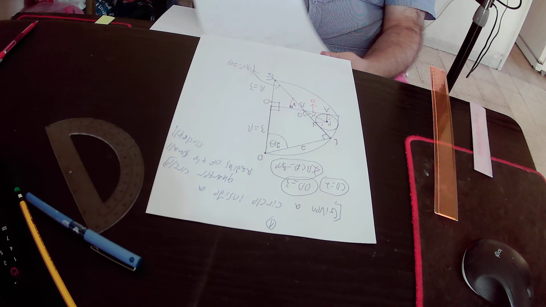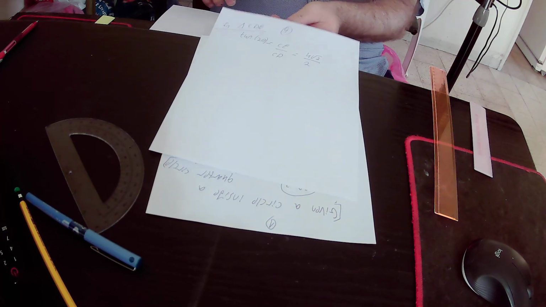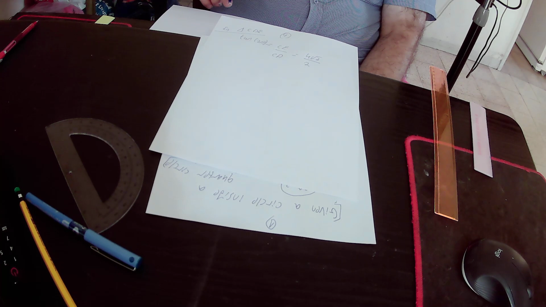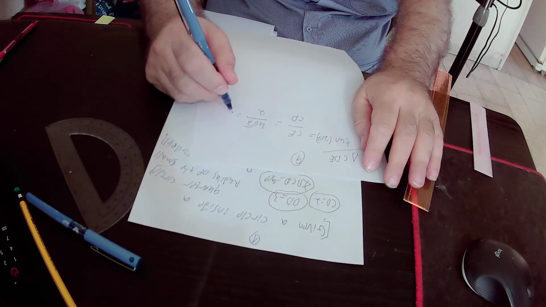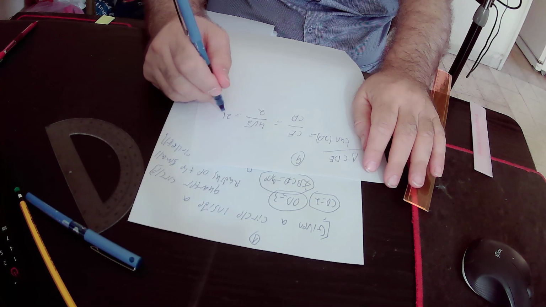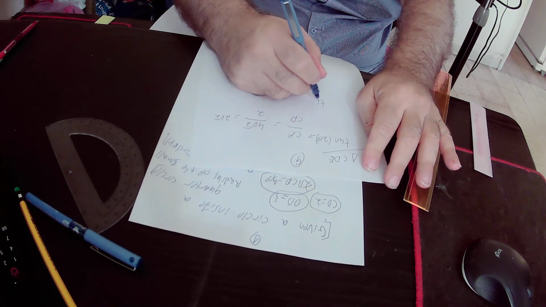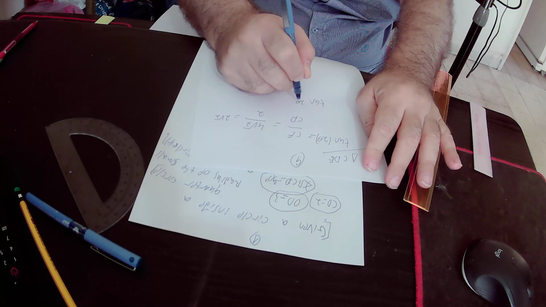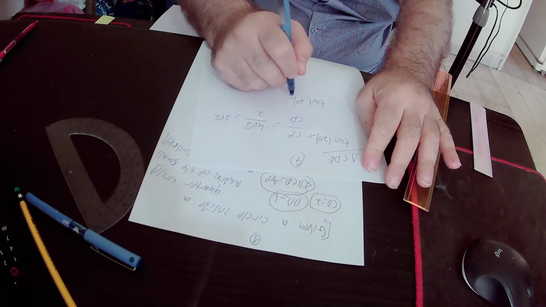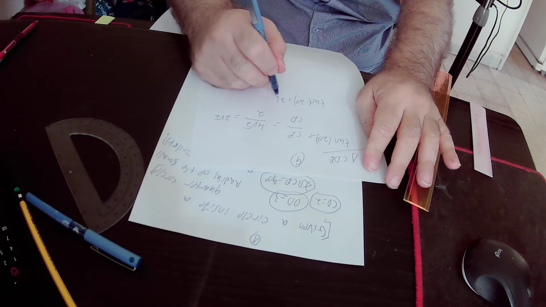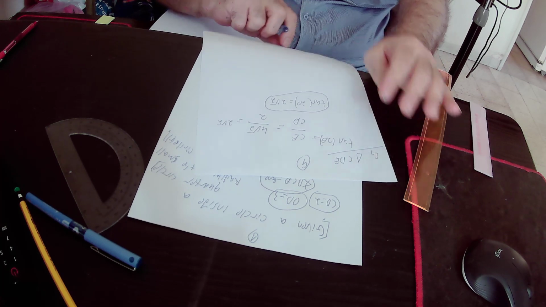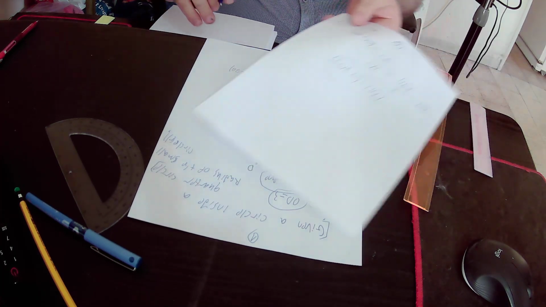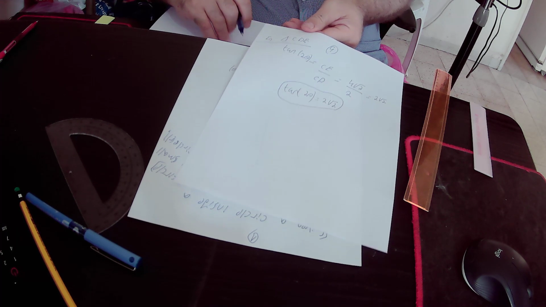So in total we will get that tangent 2 theta equals 4 times root 2 over 2. 4 over 2 is 2, so we got that tangent 2 theta equals 2 times root 2.